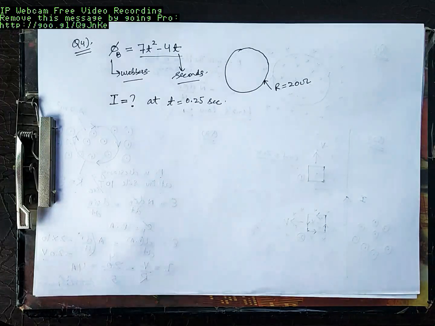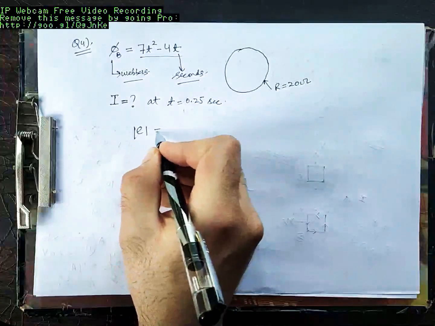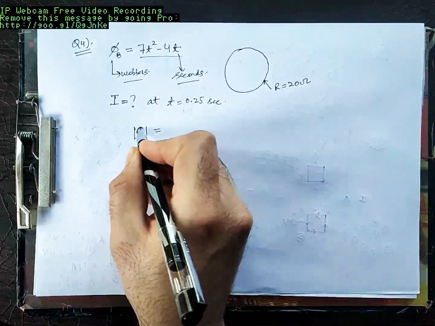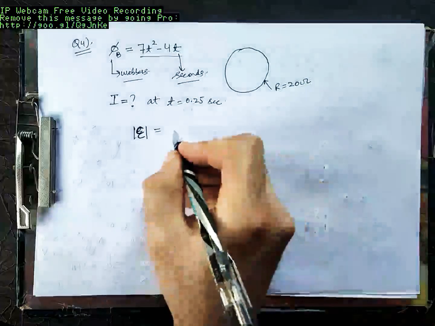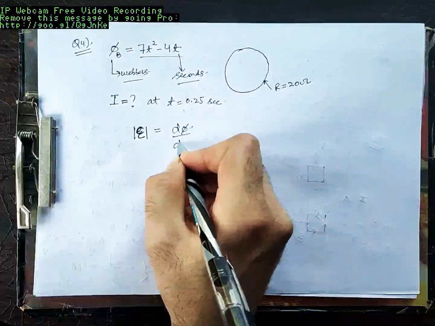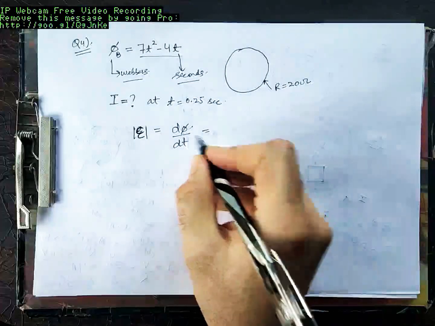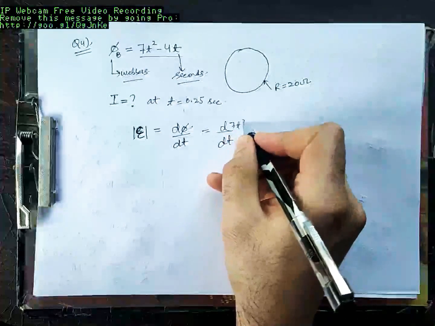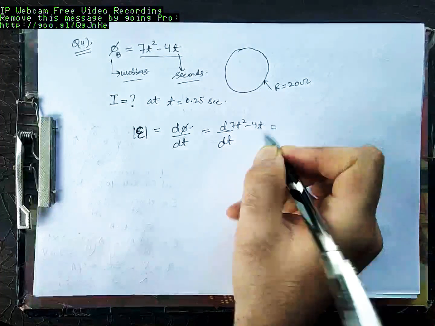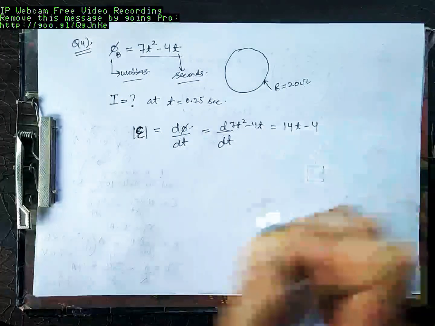You don't have to calculate direction this time, so directly use Faraday's law. We know the induced EMF E, magnitude only, is equivalent to N, number of turns is 1, so this is only dφ by dt. That is d by dt of φ, which is given this time as 7t square minus 4t. This becomes 7 times 2 is 14t minus 4.